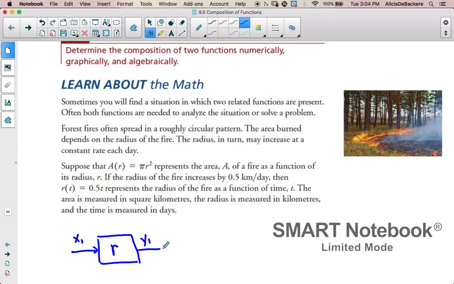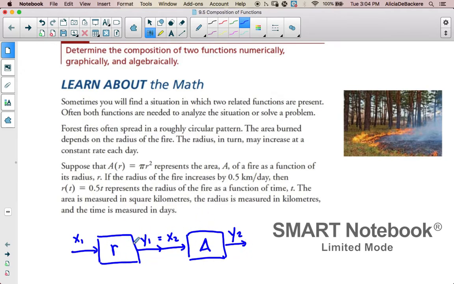We call our outputs y's, but instead of calling it y1, now I'm going to call it the input to the second function. The second function is the area function, and then my second output will be y2. The box is just the calculation that I'm going to do to the value. So I put the first input in, it pops out, and then it transforms into the second input, and then I get my second output.